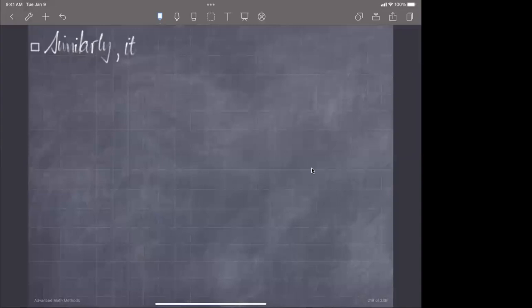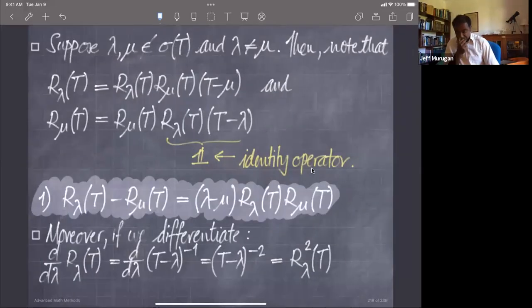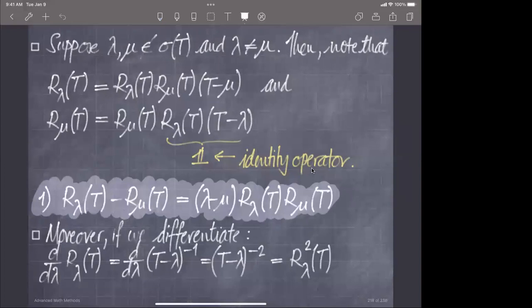Sorry, Jeff. I didn't quite get the last line from the last page. Which part? Here to here. Yes, I want to quickly copy that. Oh, you didn't write it down.